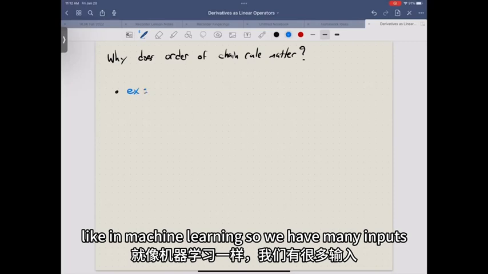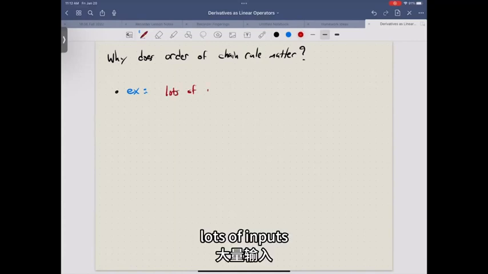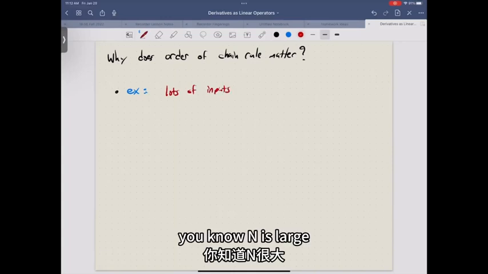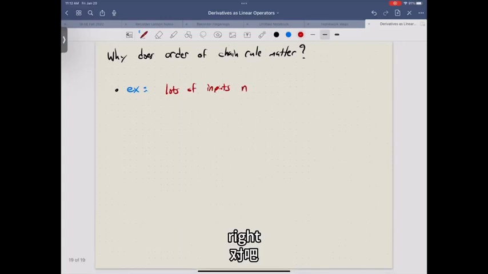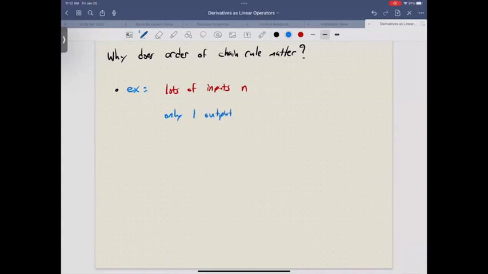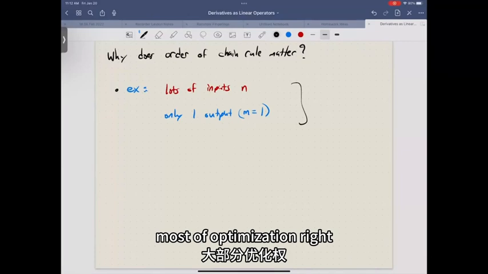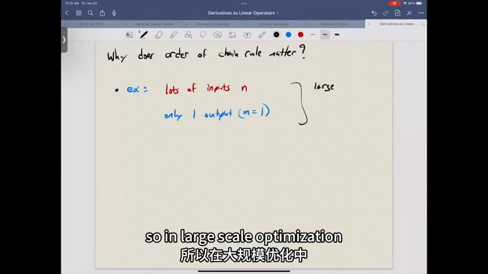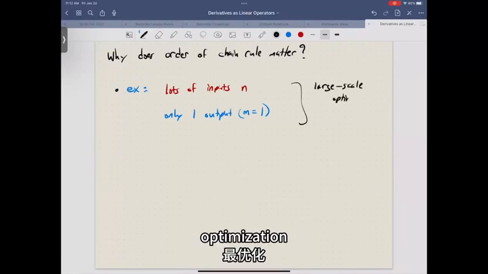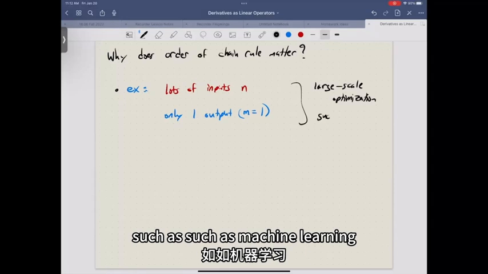We have lots of inputs, N is large, and only one output. So M equals 1. This would be the case, for example, in most of optimization, in large scale optimization, such as machine learning.